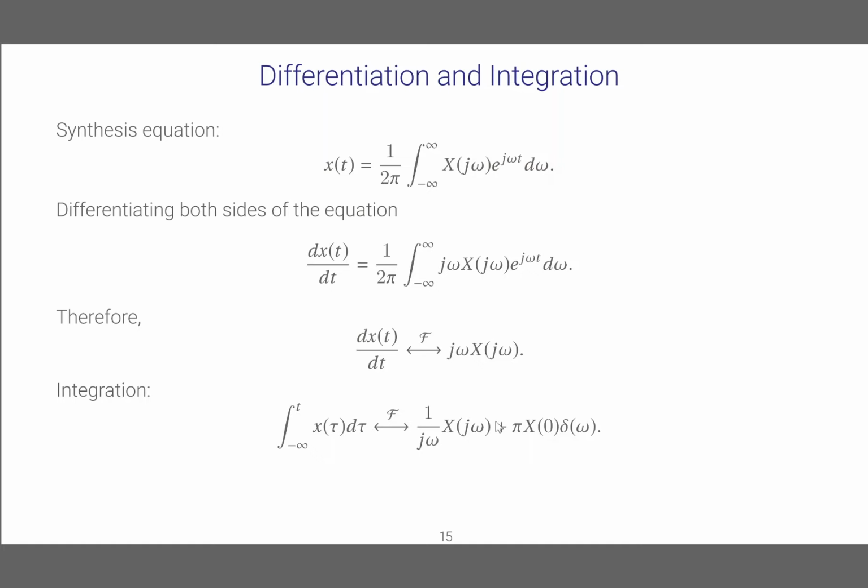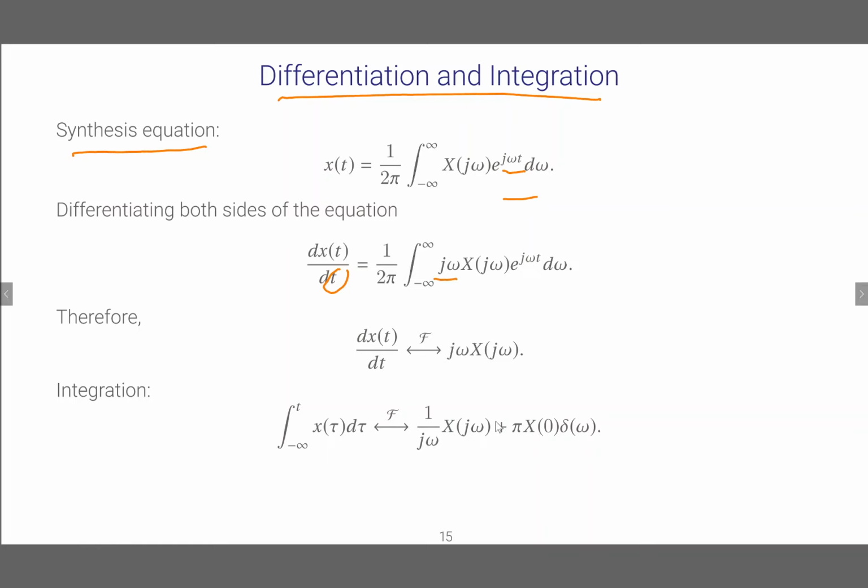Let's look at differentiation and integration properties. Once again, the synthesis equation is x(t) equals 1 over 2 pi times this integral. If you differentiate both sides with respect to t, you can see e to the power of j omega t is the only term that has time t, and we get j omega in front.